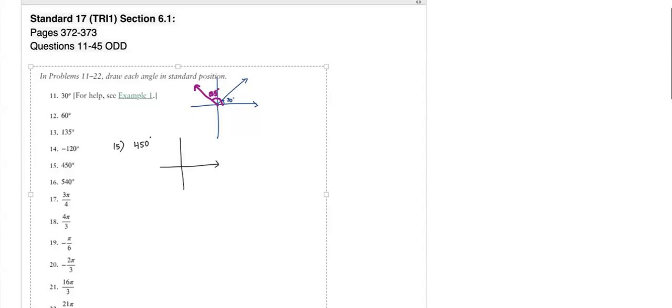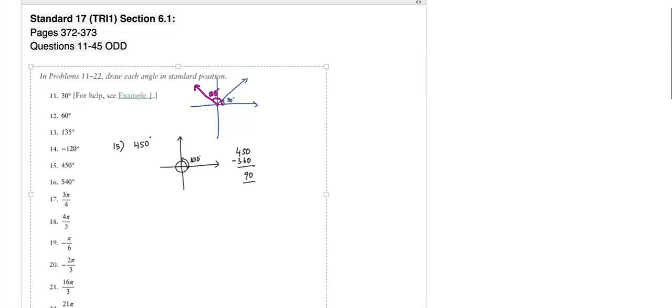This angle has traveled one full revolution and it has hit 360. But 360 is still less than 450. How much less exactly? It is 90 degrees less, right? So that means this angle has to travel another 90 degrees and then it reaches 450 degrees.